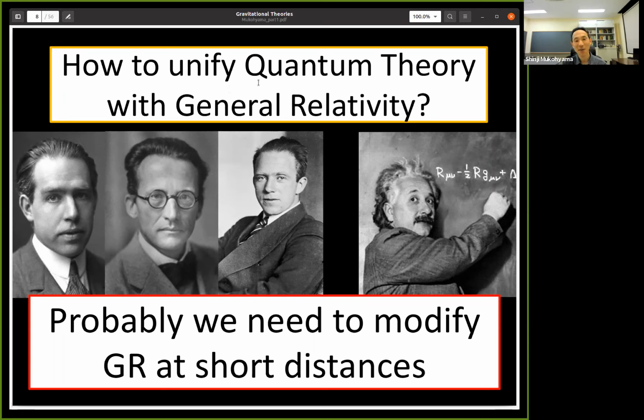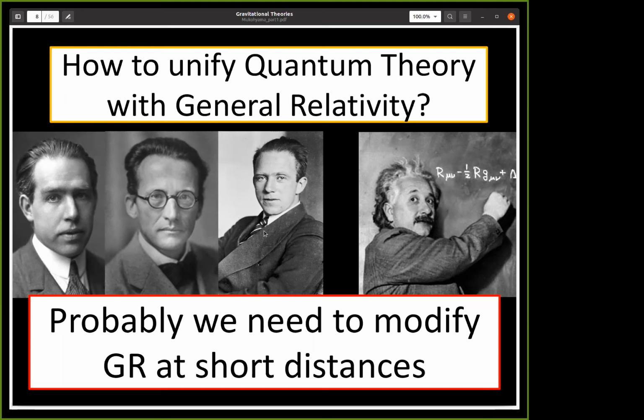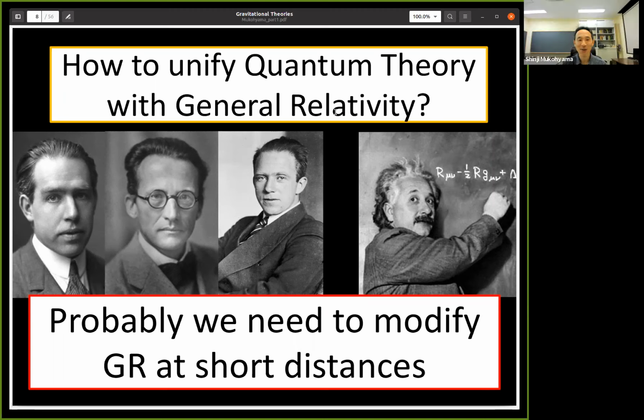It's actually a logical possibility to modify quantum theory at short distance. But if I have a vote, I think many people vote to modify GR. Still, it's a logical possibility to modify quantum theory, but probably it's not so easy.